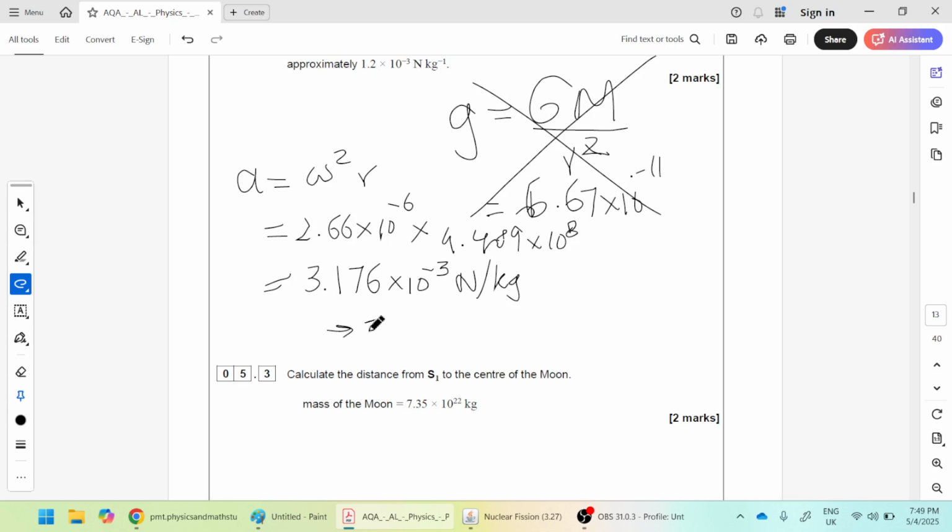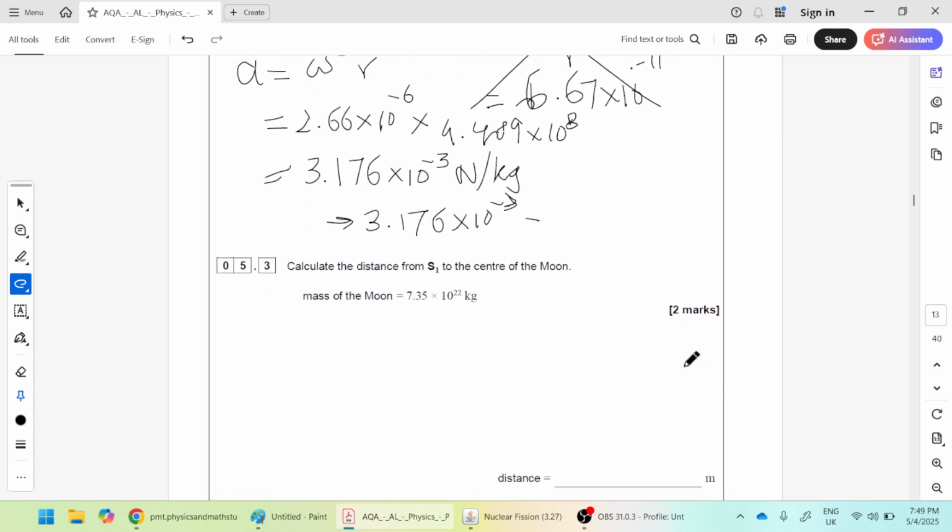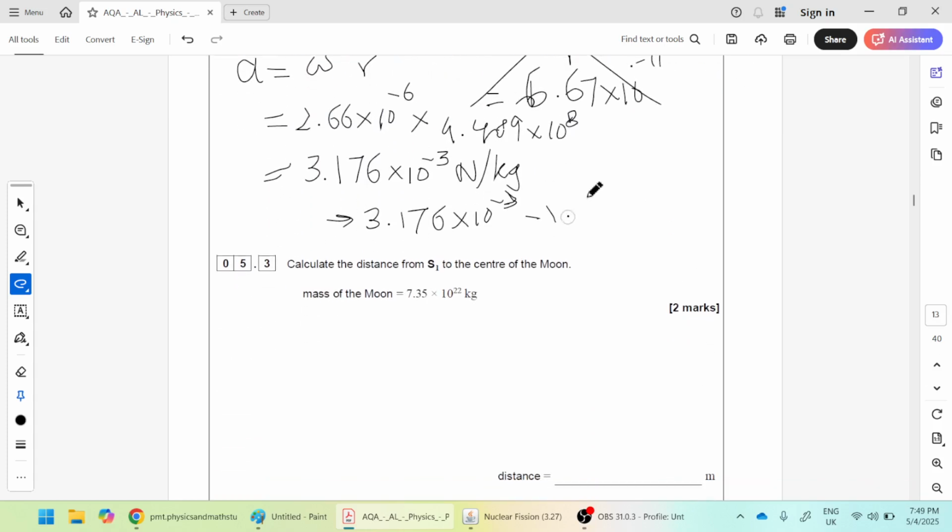So what I'm going to do is take 3.176 into 10 to the power minus 3. That's minus 3. Subtract the gravitational field strength over here at S1 due to the Earth, which is 1.98 10 to the power minus 3. And that gives me the difference, which should be coming from the gravitational field strength of the Moon.